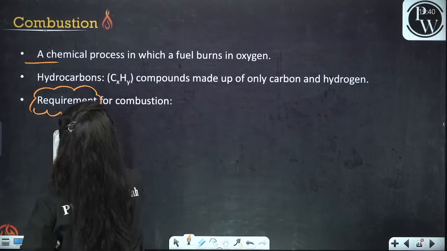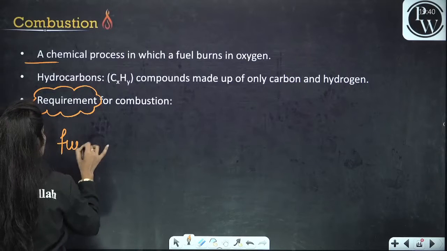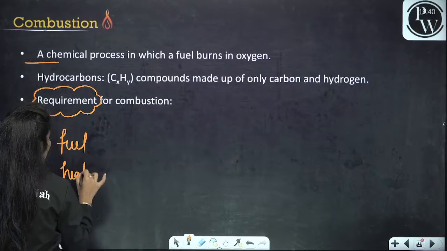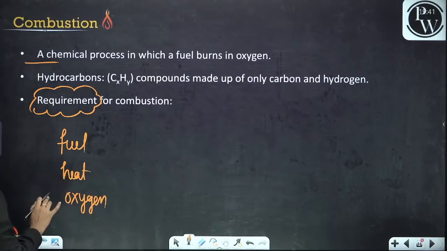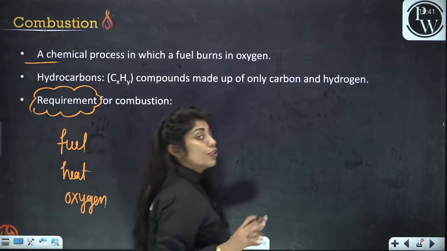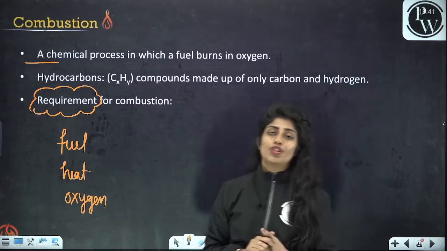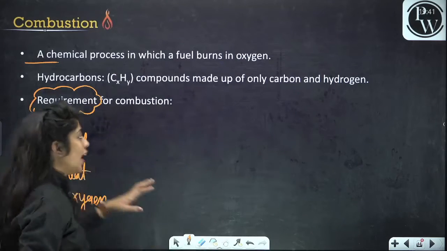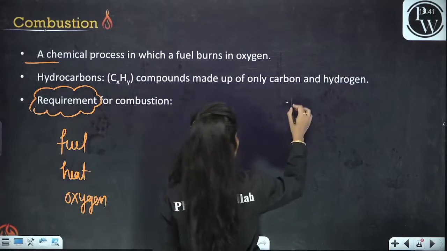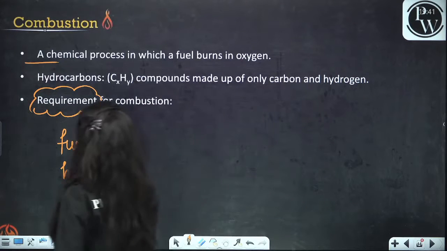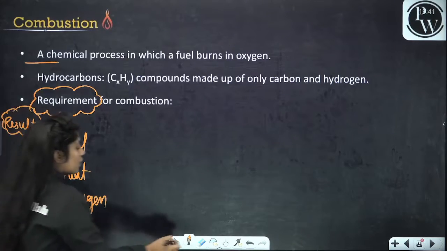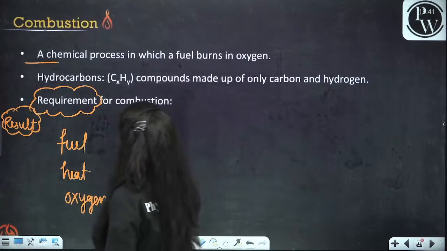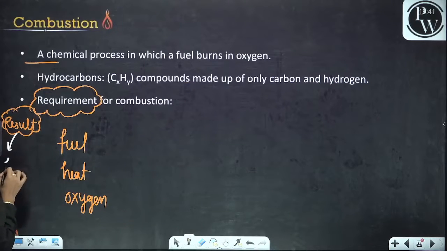So basically, a chemical process in which the fuel burns in the presence of oxygen, that we call combustion, and the result is heat and light. Let me write it for you. The result is that we get energy in the form of heat and light.